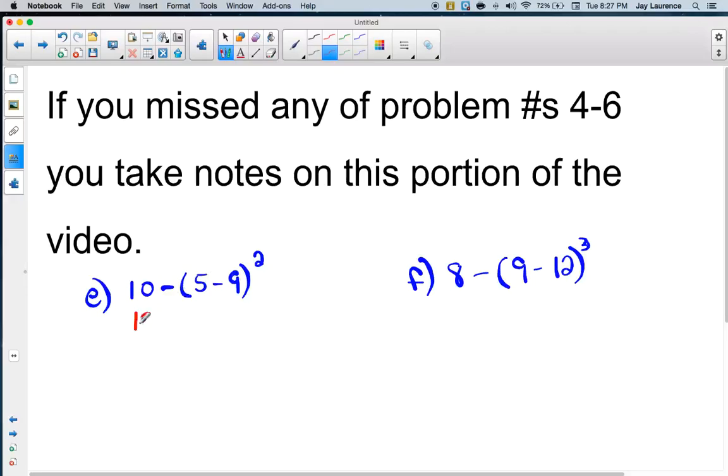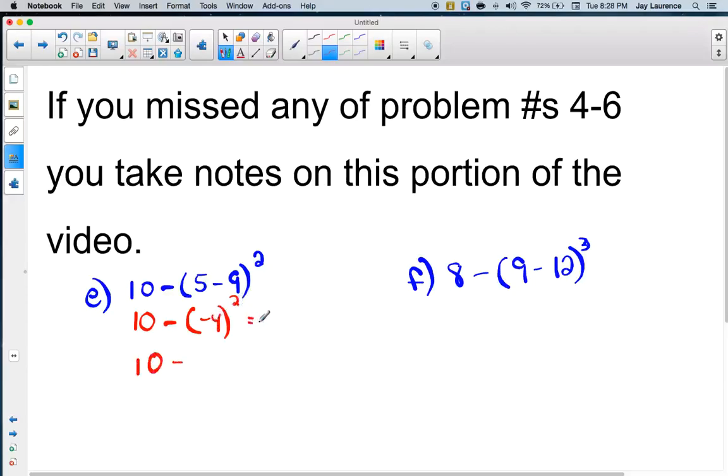So I'm going to go inside here, and I'm going to get 5 minus 9. There's 5 positives, 9 negatives. There must be 4 negatives left. And now I'm going to put that exponent there. So now I have to do the exponent part. So I'm going to have 10 minus negative 4 squared.